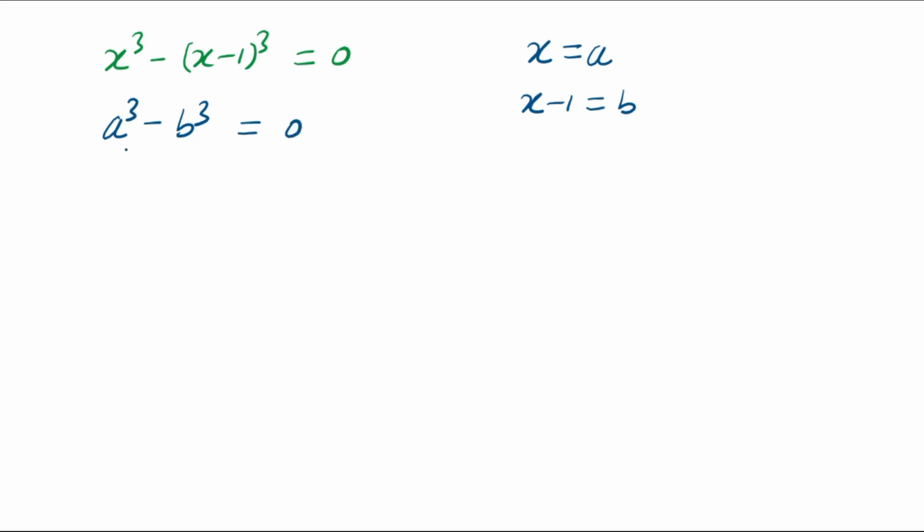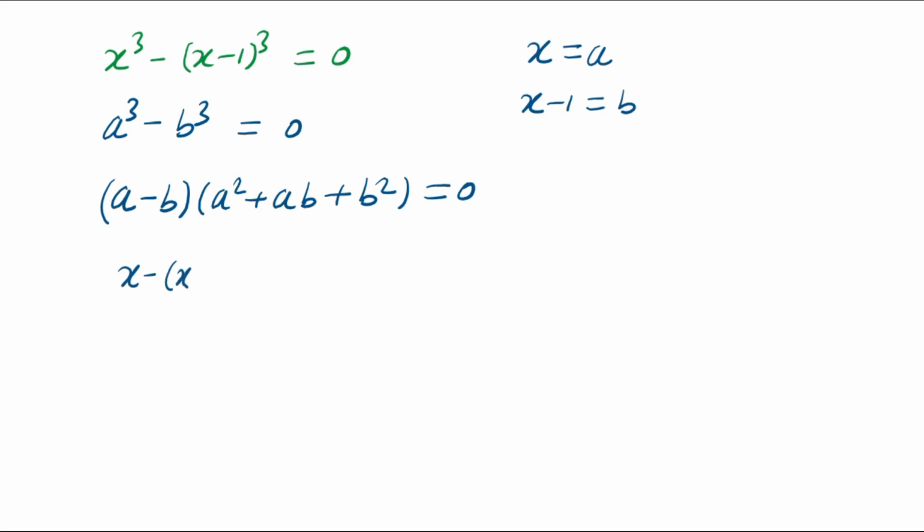On the left hand side there is a difference between two cubes, and we know that the factor of a cube minus b cube is (a minus b) multiplied by (a square plus ab plus b square) equals 0. Here a is x and b is x minus 1.